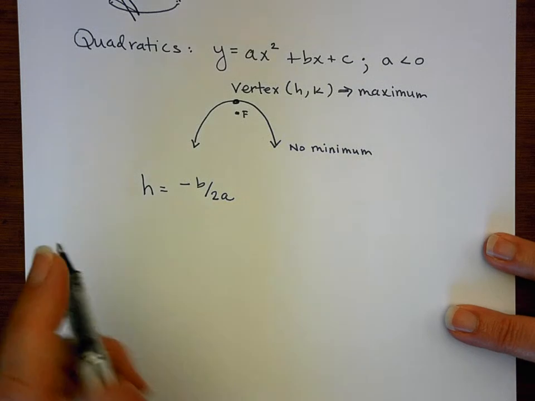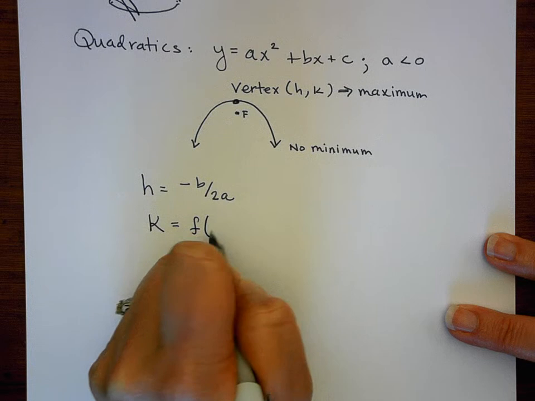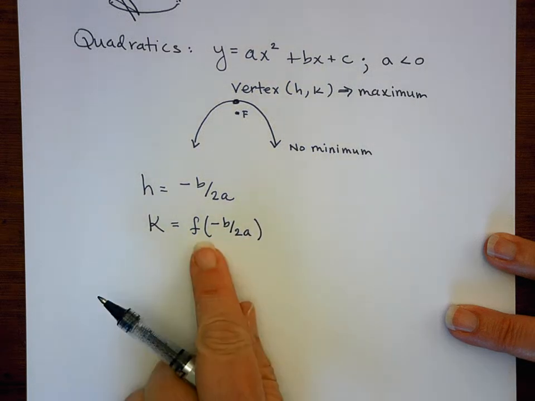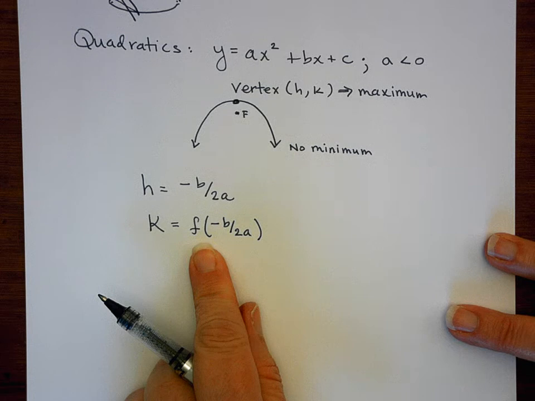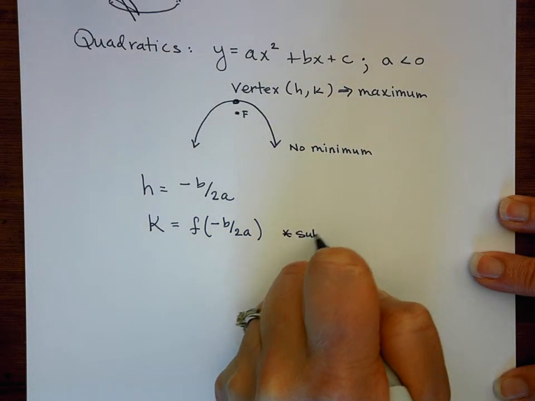And then to find our k value, we would just replace x back in to our equation. So I'm going to use f right here, meaning our function. So all we're doing is substituting.